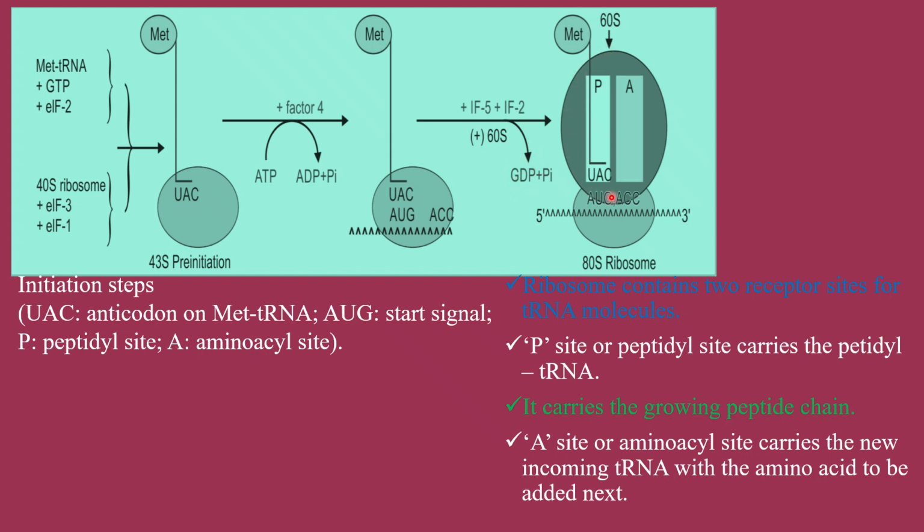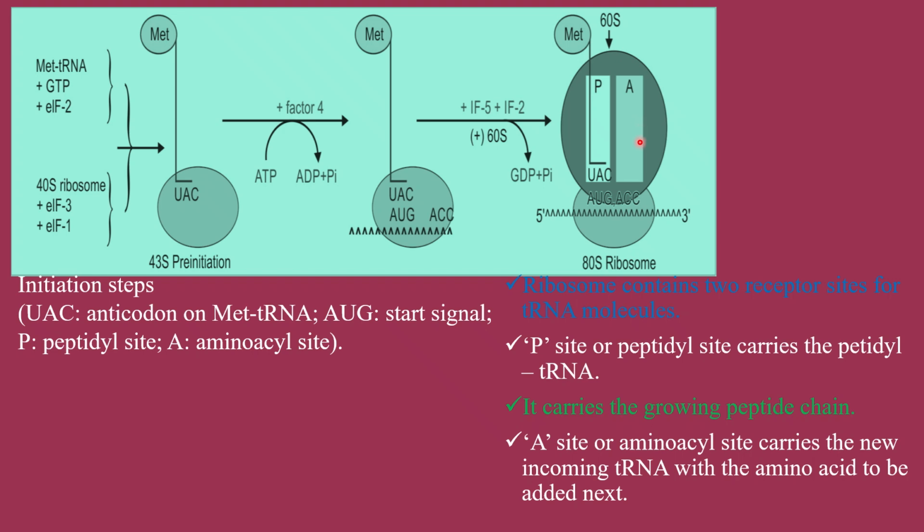So in this 80S ribosome, the 60S component has two major sites. One is the P site, or the peptidyl site, that carries the peptidyl transfer RNA, and the second is the A site, the aminoacyl site.